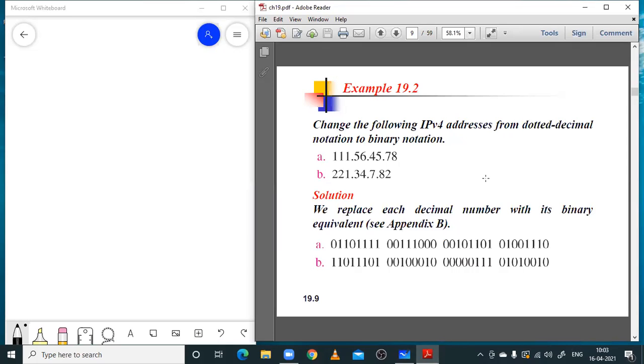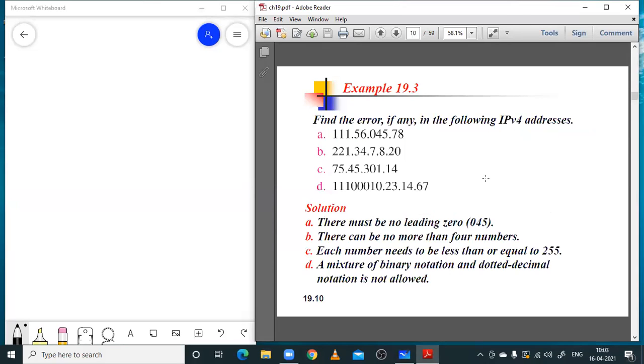So this is dotted decimal to the binary representation, second example. You observe here from this example, I am giving some examples. So here the first one, IP address.